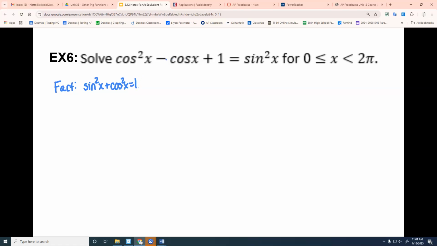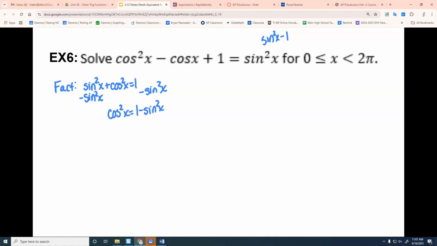So if I subtract this 1 over here, I'll get sine squared x minus 1. In this case, if I subtract my sine squared x, I've got cosine squared x equals 1 minus sine squared x.